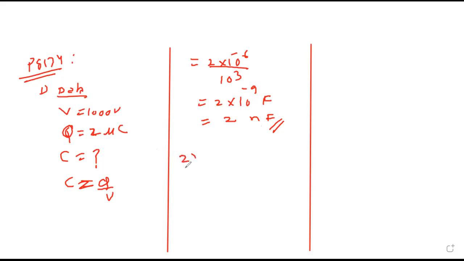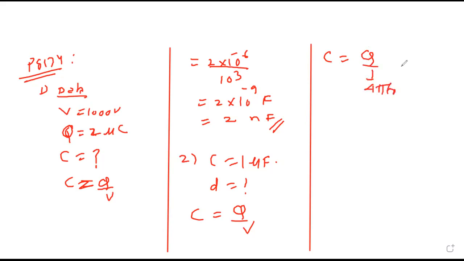Second one. The capacitance of a spherical conductor is 1 microfarad. What is its diameter? See, capacity is Q by V, and V for a sphere is 1 upon 4 pi epsilon Q by R. That means C will become 4 pi epsilon 0 R for a spherical capacitor.